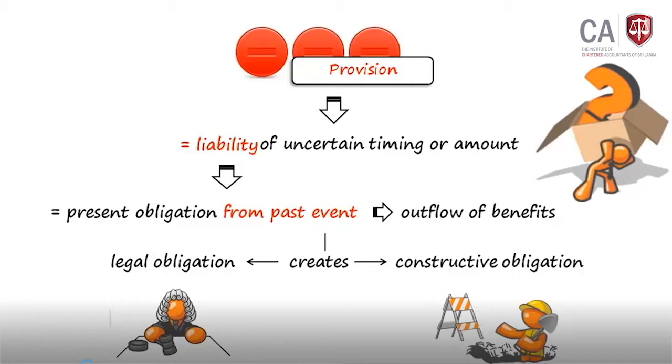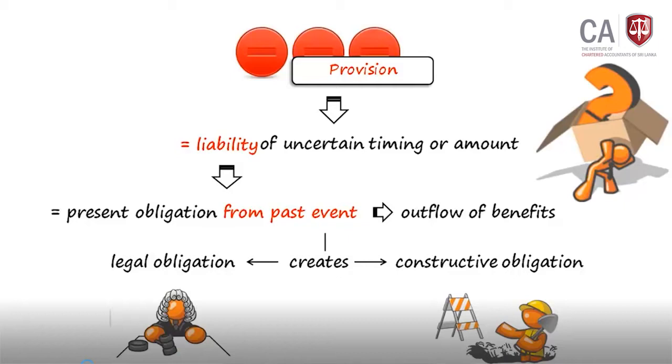Why do we say it's a liability? Because, to be a liability, it should be a present obligation from a past event.